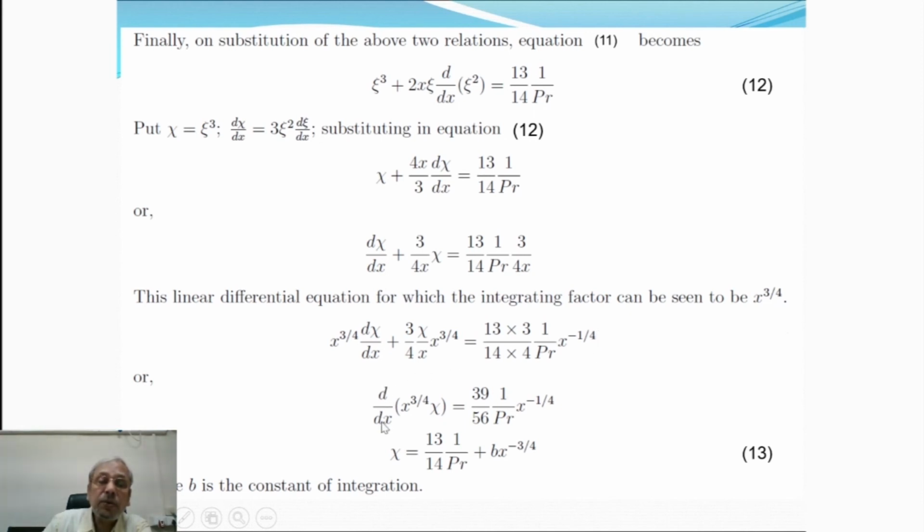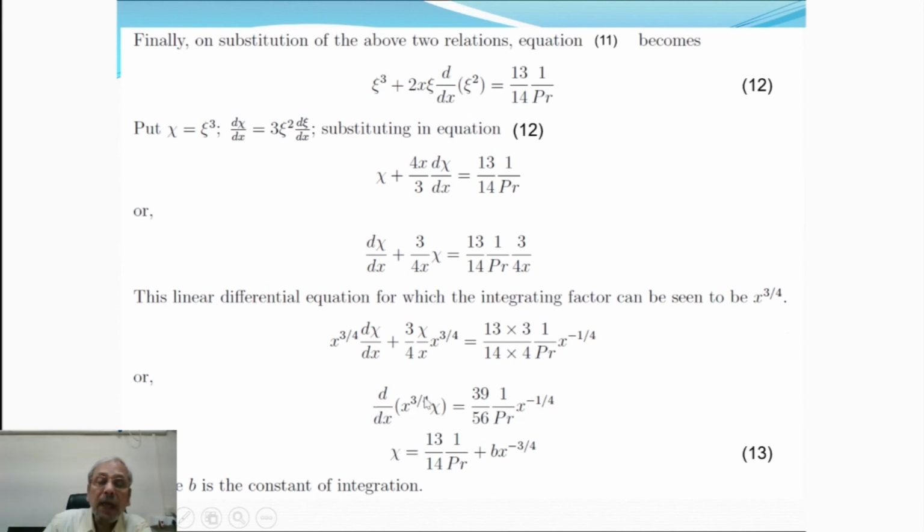So we get a closed form expression d/dx of x power 3 by 4 into chi, these two together, equal to 39 by 56 1 by Prandtl number x to the power minus 1/4.